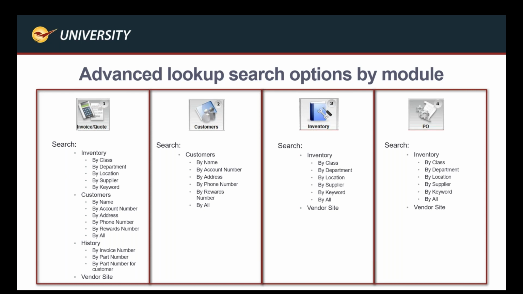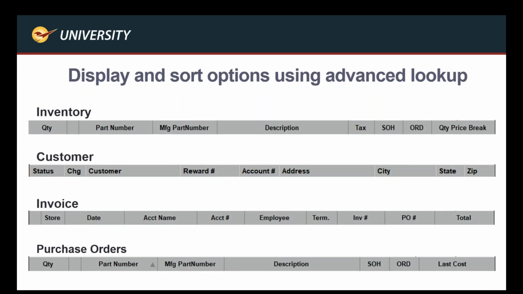When you go to those modules respectively, and you pull up the Advanced Lookup feature, and then you get some results, these are the headers that you get when you pull up those results. So in the inventory module, let's say you're searching for a hammer.